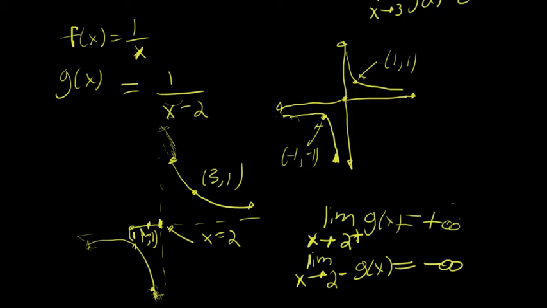So no matter what prescribed number you pick, you can always find an x value where g of x is more negative than it coming from the left and bigger than it coming in from the right.